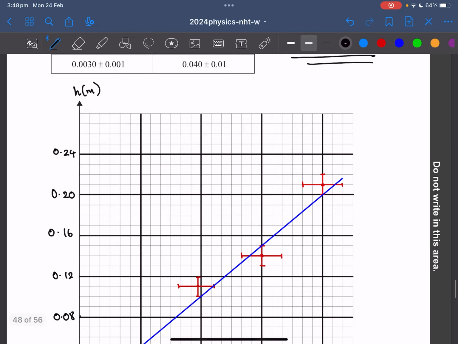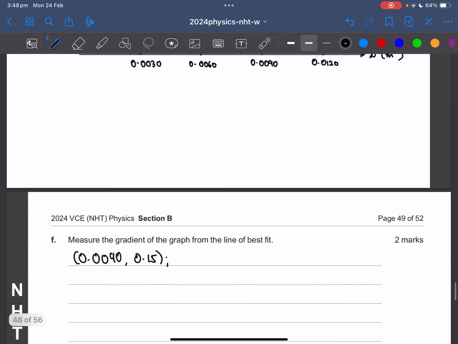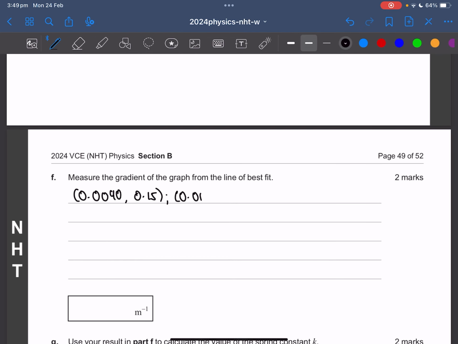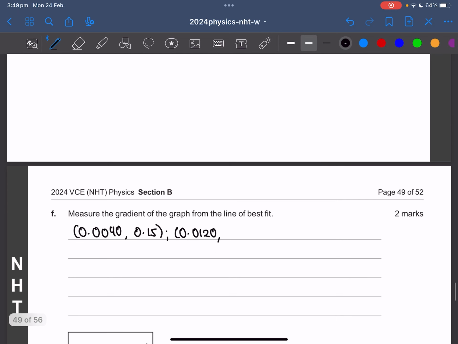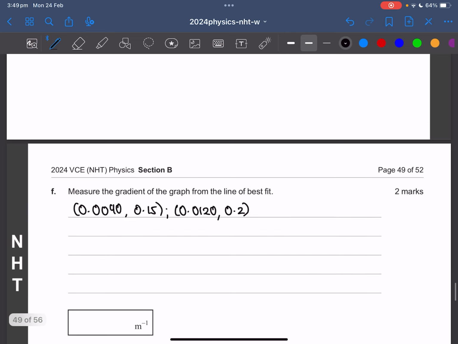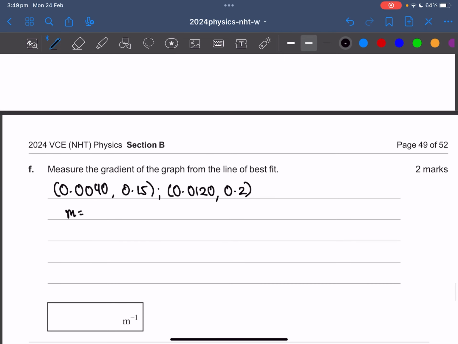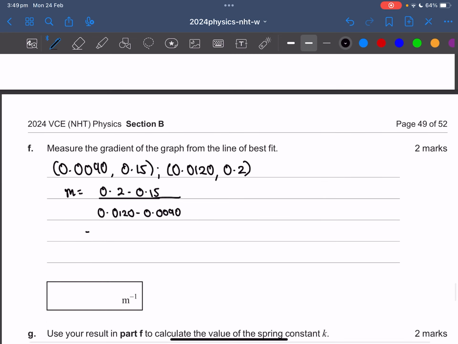And then the second coordinate we have is 0.0120, and 0.2. So our m is going to be 0.2 minus 0.15 divided by 0.0120 take away 0.0090. Okay?